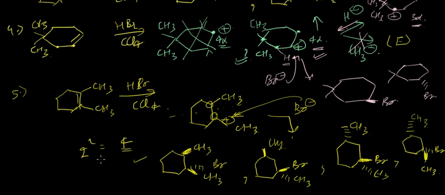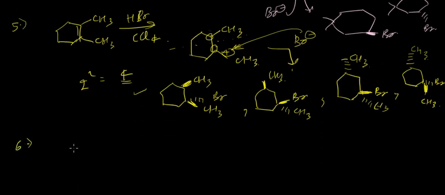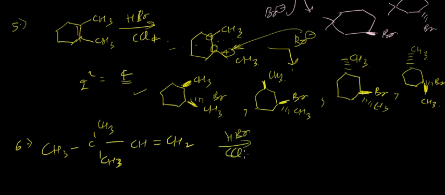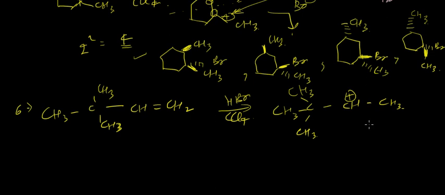Okay, so let us look at some more examples. Let us look at this example. We reacted with HBr, CCl4. So let me draw the intermediate first. Intermediate would be this carbocation with CH3, and now it can undergo a CH3 minus shift.